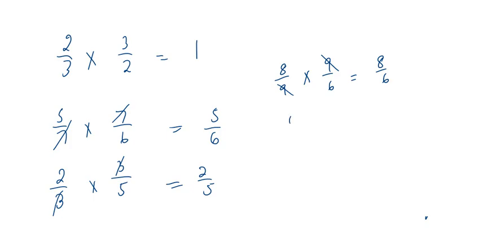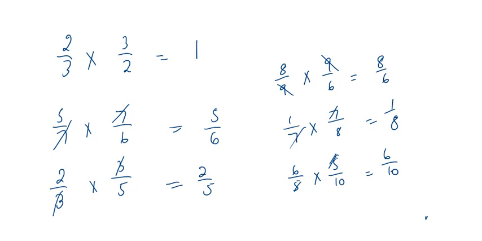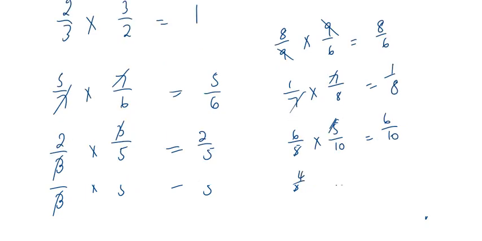If I have 1 over 7 and I multiply by 7 over 8, my answer is going to be 1 over 8. If I have 6 over 5, I multiply it by 5 over 10, my answer is going to be 6 over 10. Should I keep going, or do you get the pattern? If I have 4 over 9, if I multiply by 9 over 2, my answer is going to be 4 over 2.